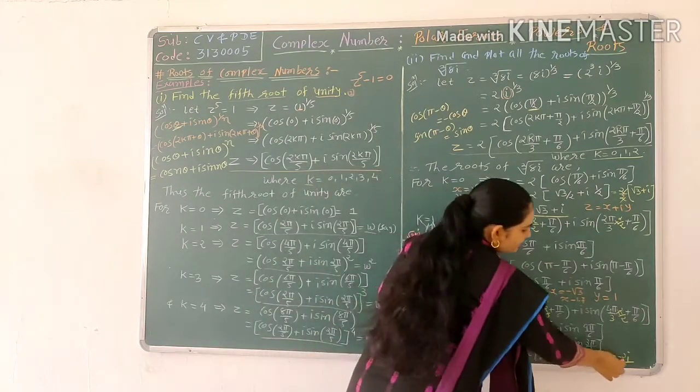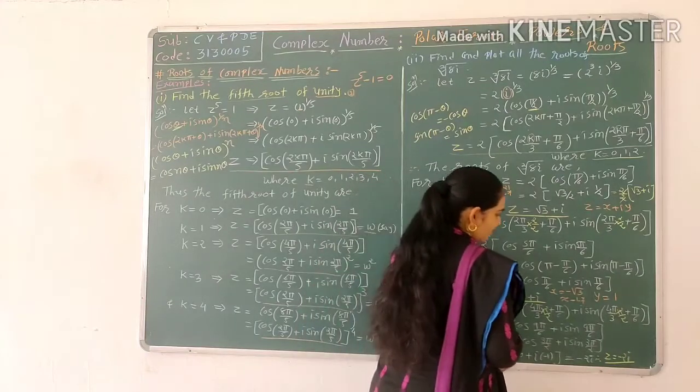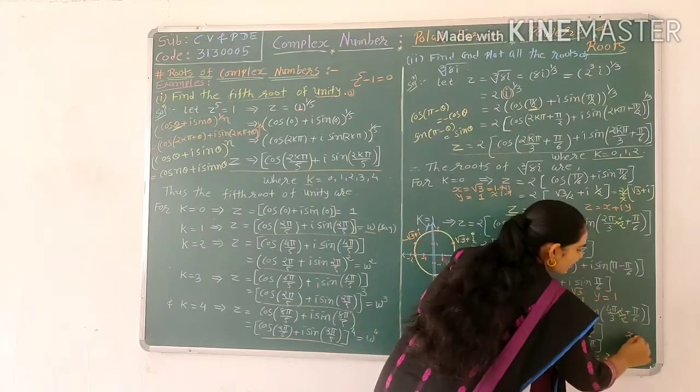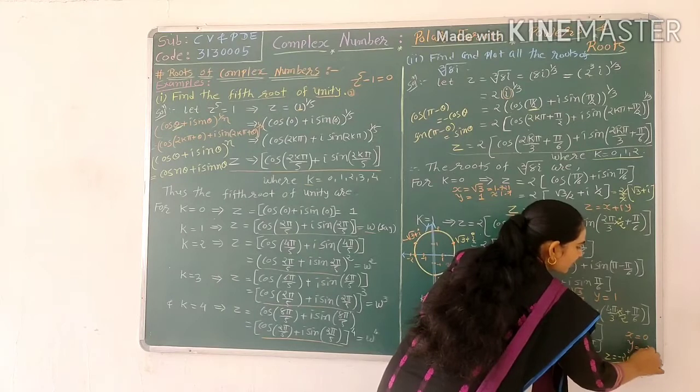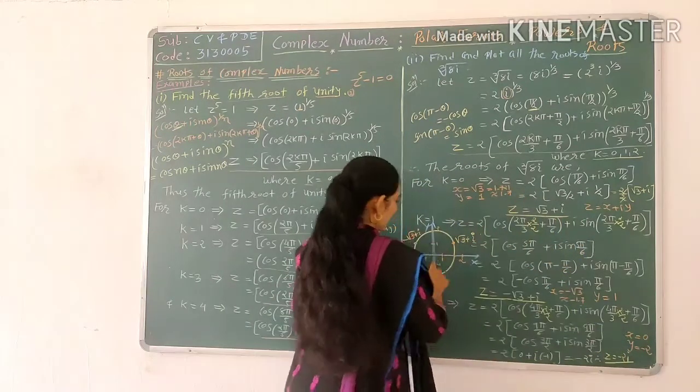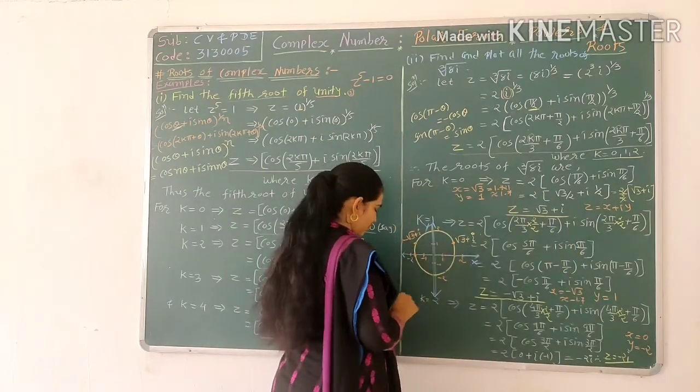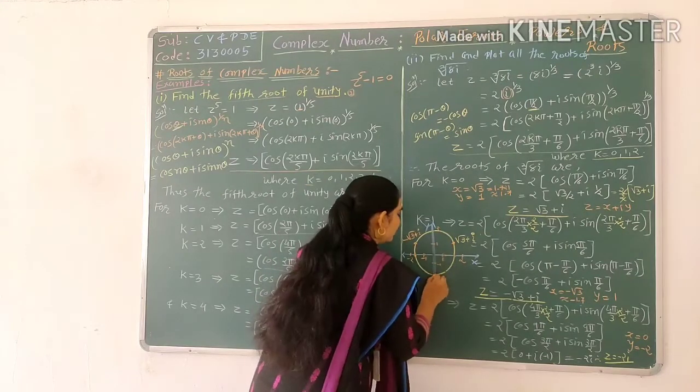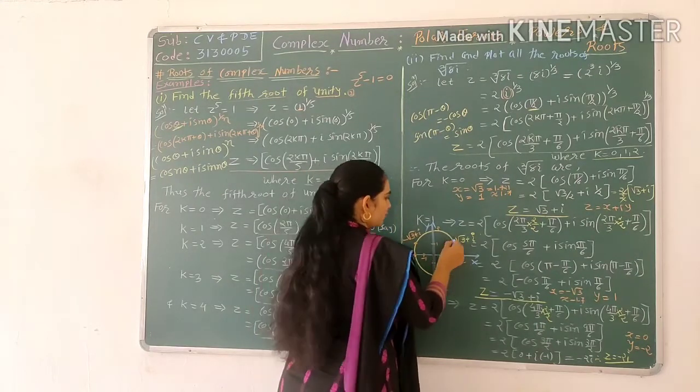And last, z is equal to −2i. That means x is equal to 0 and y is equal to −2. This point. Therefore, now we have to plot.